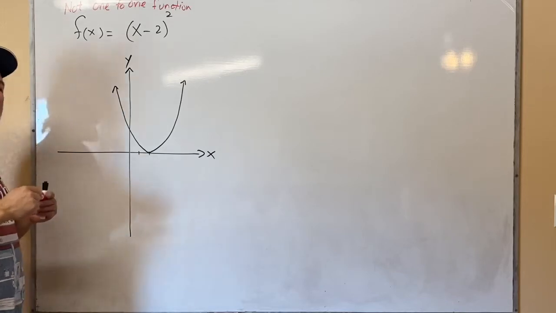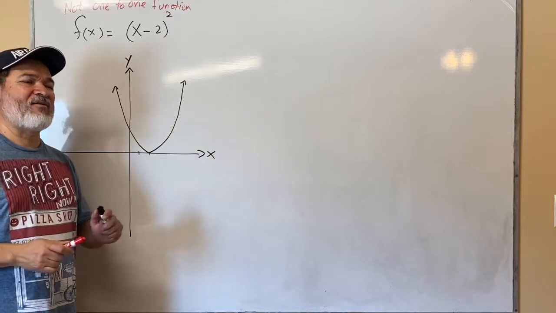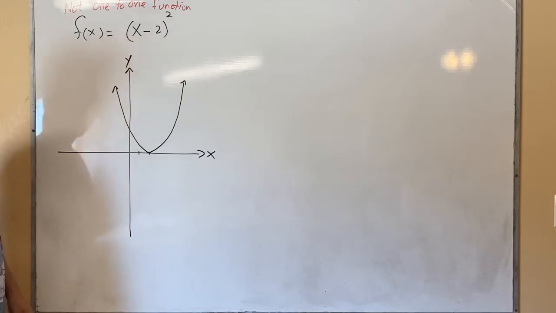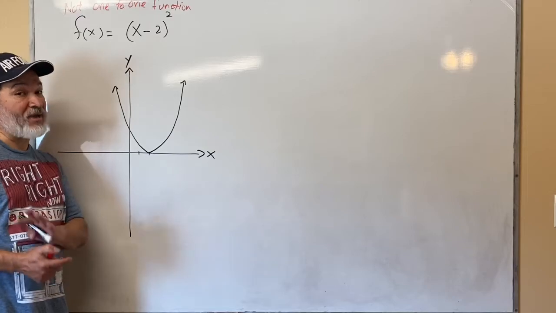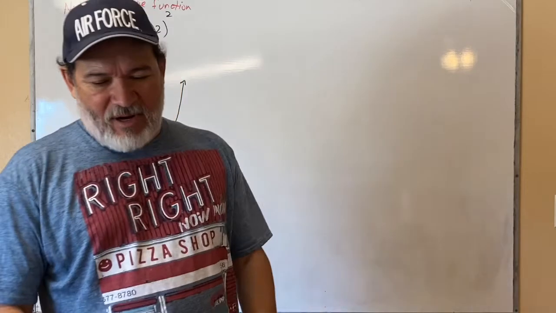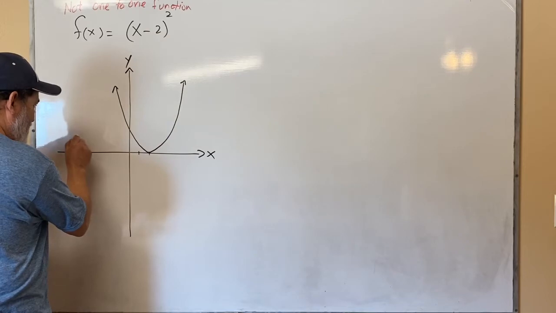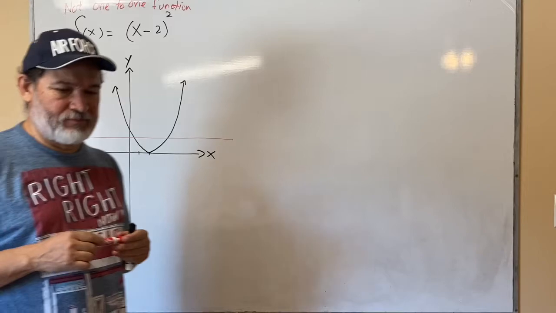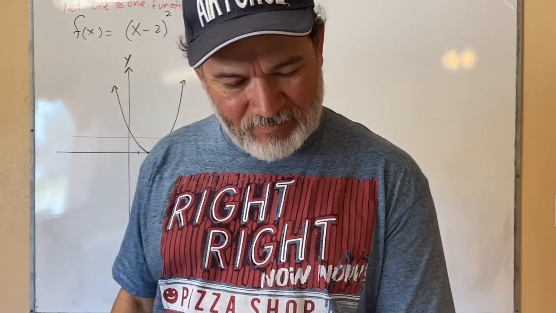What does it mean to be not one-to-one? It does not have an inverse. You can make it one-to-one by limiting the domain. Yes, you can. So, look. The horizontal line test passes through it twice. Not one-to-one.